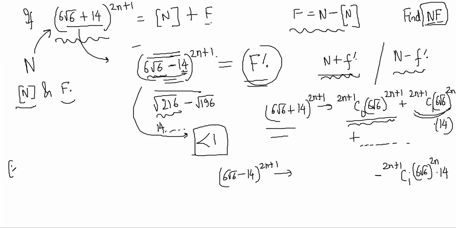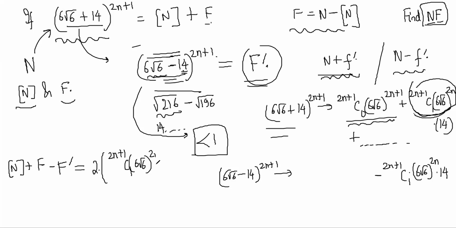So basically n plus f minus f dash should be equal to the sum of the second term two times, plus the fourth term two times. I'll write 2 times 2n plus 1 c1, 6 root 6 to the power 2n into 14, plus 2n plus 1 c3, 6 root 6 to the power 2n minus 2 into 14 to the power 3, and so on.